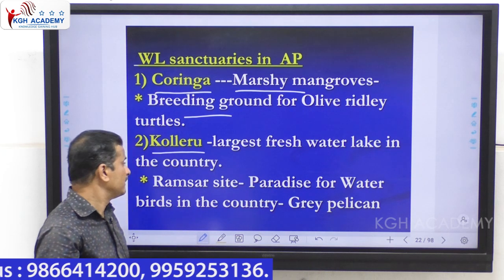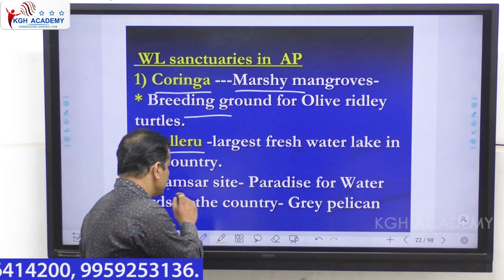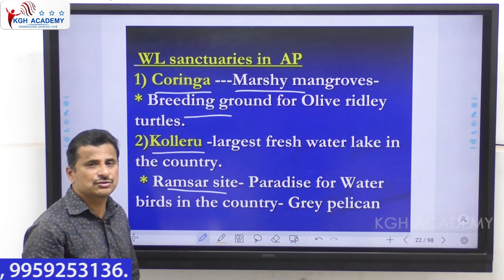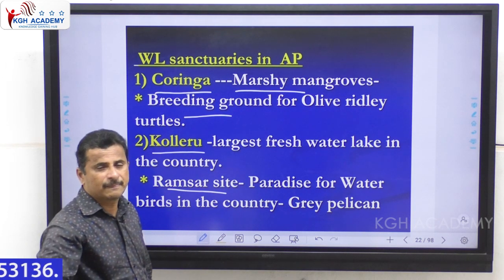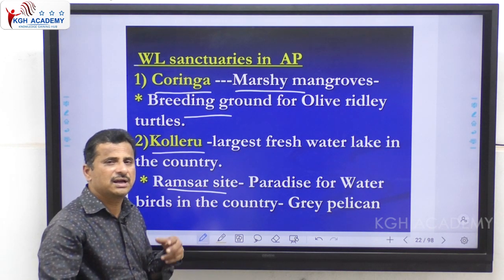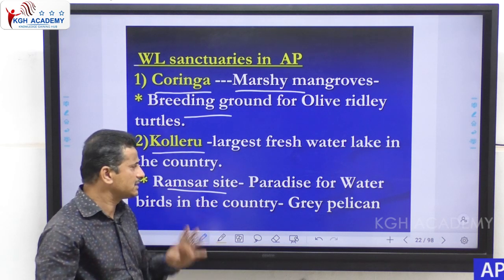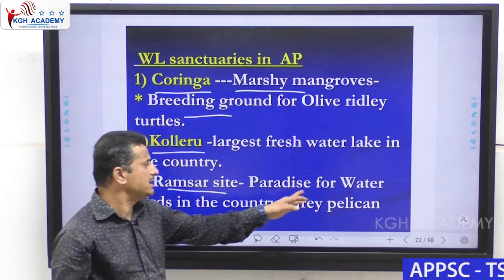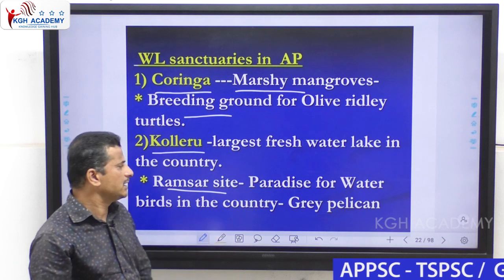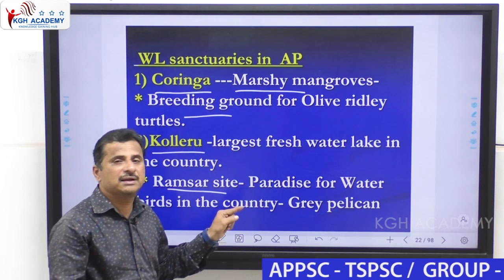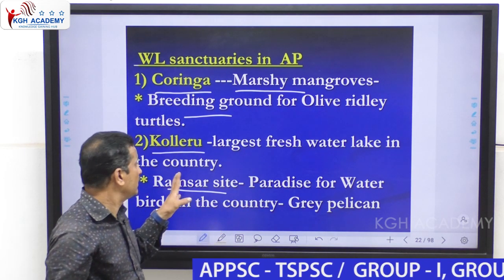This is a Ramsar site. Here wetlands are also called Ramsar sites. After the Ramsar Convention, wetlands are named as Ramsar sites. And this is a paradise for water birds in the country, particularly the grey pelican, famous in this Kolleru lake.